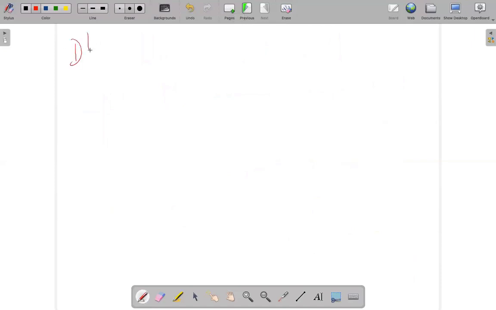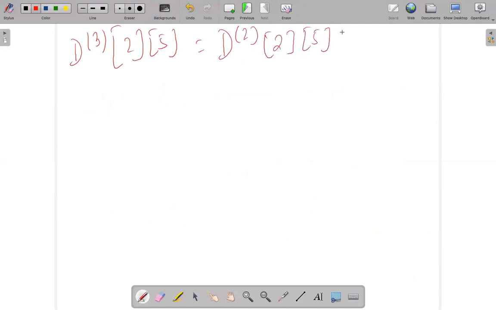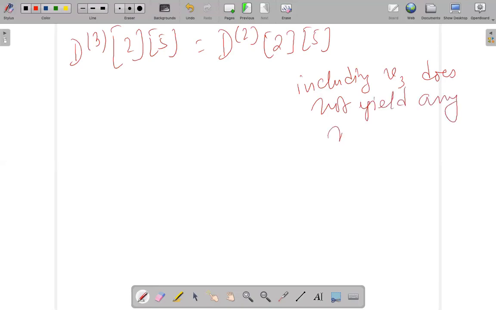Similarly, you can compute D3 2,5. This is again equal to D2 2,5, since the introduction of V3 does not yield any new path from V2 to V5.